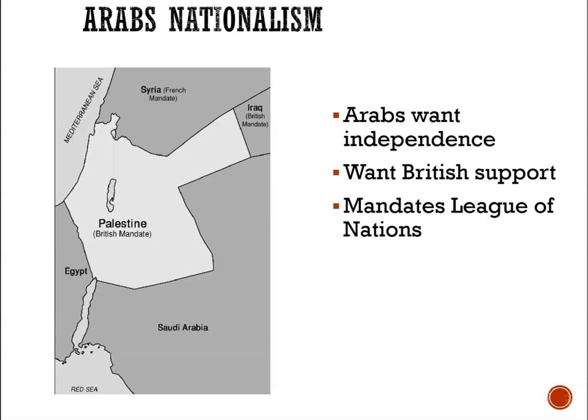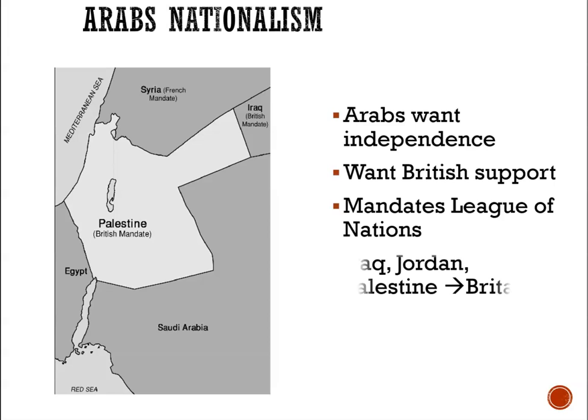At the beginning in World War I, they helped the British and they were promised to be independent. Of course, that did not happen. So the British sort of made a promise they did not keep.